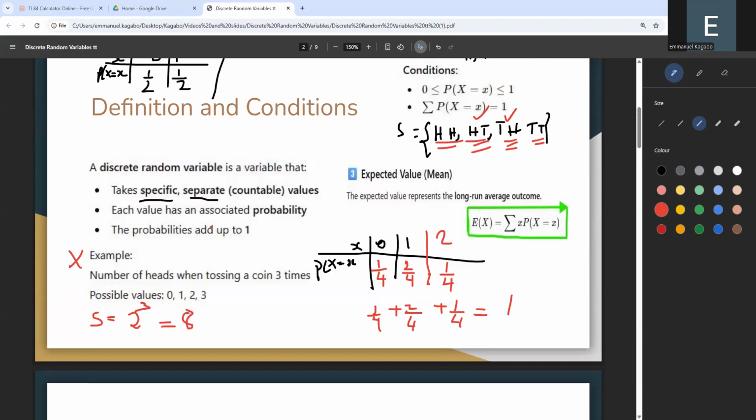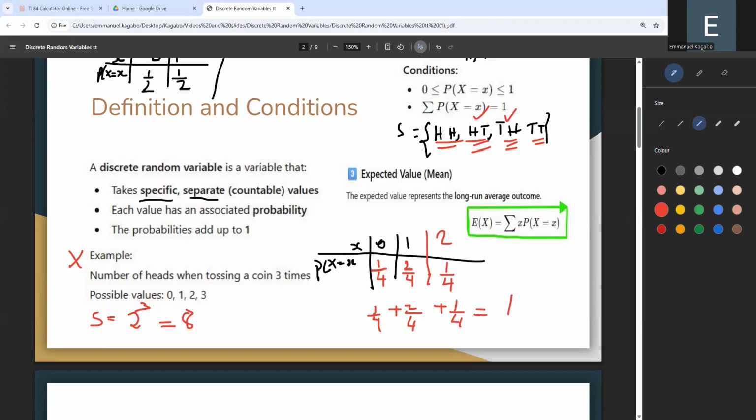Now, if you have understood what a discrete random variable is, that it takes a specific numerical value, another important thing you need to know is that every numerical value has an associated probability. Like for instance, 0 goes with 1/4 here, 1 is 2/4, which is 1/2.